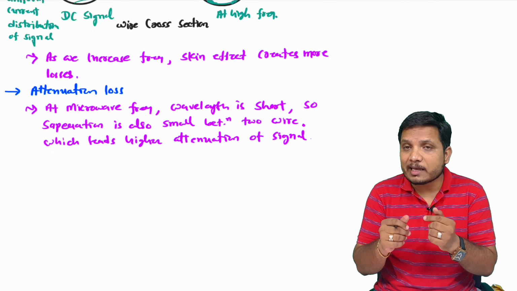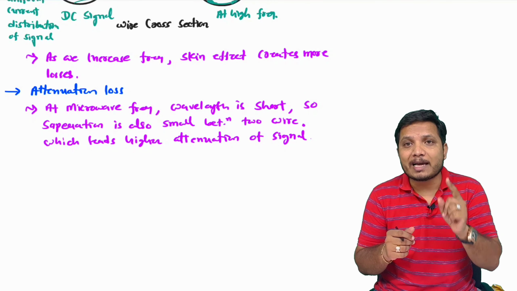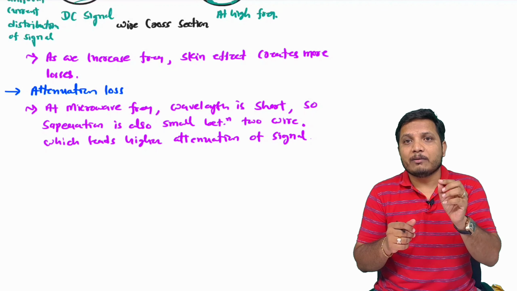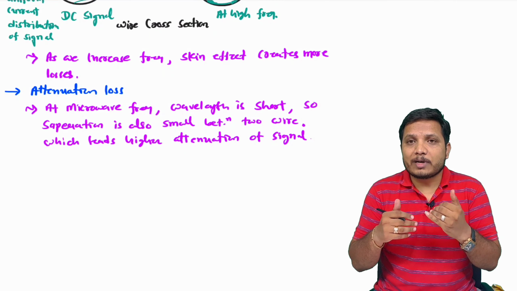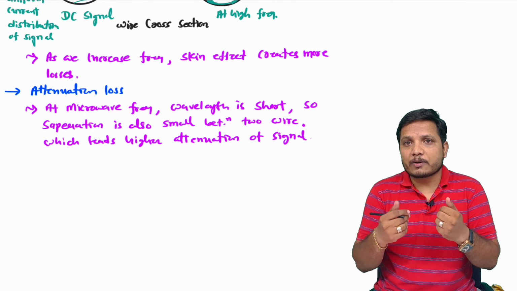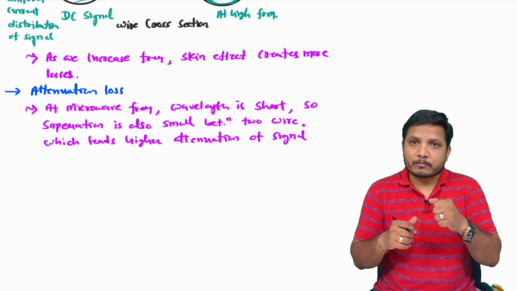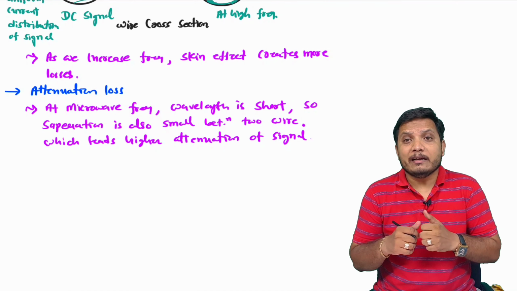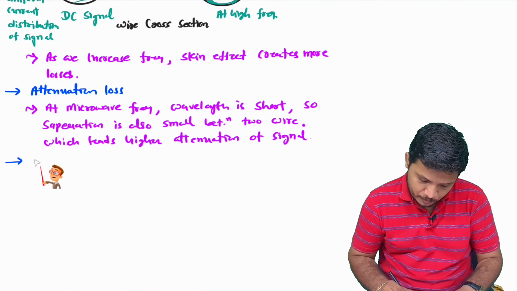If you increase transmitting power, there is a possibility of dielectric breakdown between the two parallel wires. So dielectric breakdown happens because of the increase in transmitting power, and that increment in transmitting power is required due to attenuation.